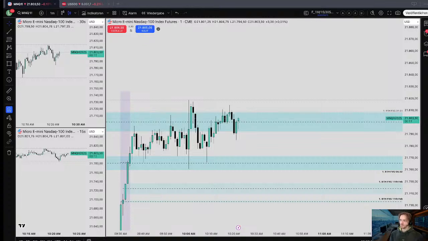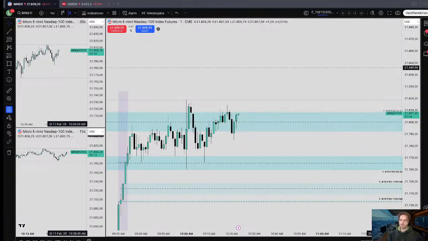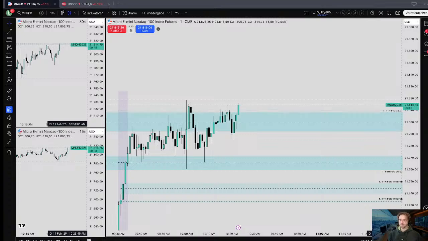Where are my ranges at? At 1 minute here. Let's switch this. So maybe we're just trading inside of the range and then hit my level tomorrow and go down, maybe on CPI, PPI tomorrow, the day after.